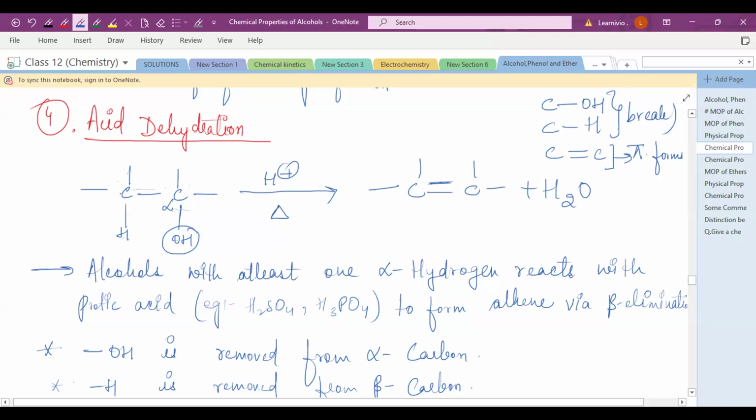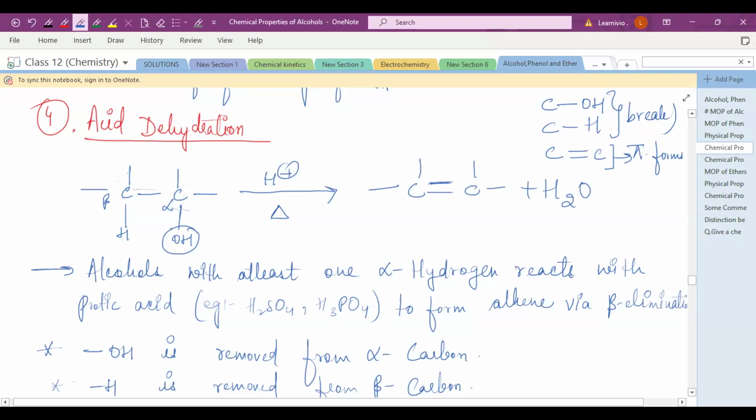And this is your beta position, which is adjacent to the alpha carbon. The carbon to which the hydroxyl group is attached is the alpha carbon, and the hydrogen attached to the alpha carbon is your alpha hydrogen. And this is your beta carbon.